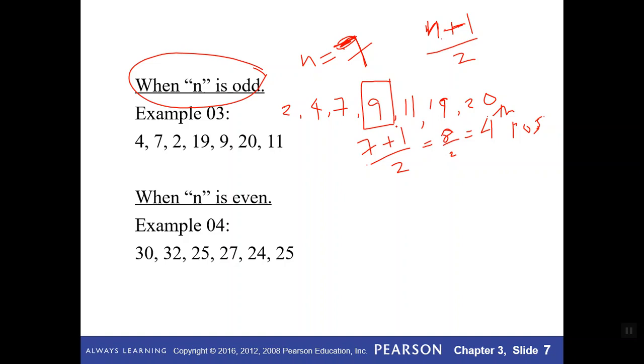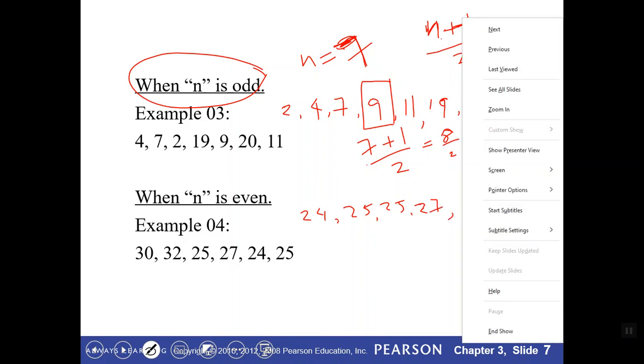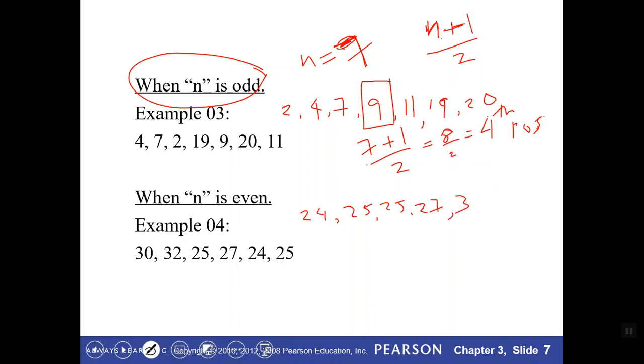So I can see that 24 is the minimum value, 24, then there are two 25s, then I can see 27, 30, 32. 1, 2, 3, 4, 5, 6. There are 6 values, so n equals 6 here.